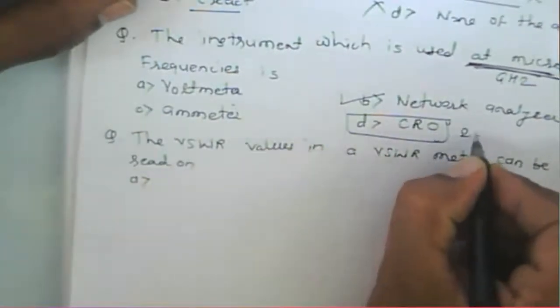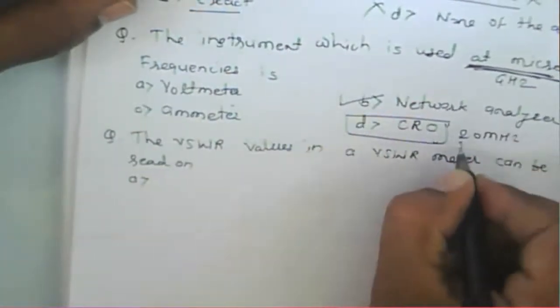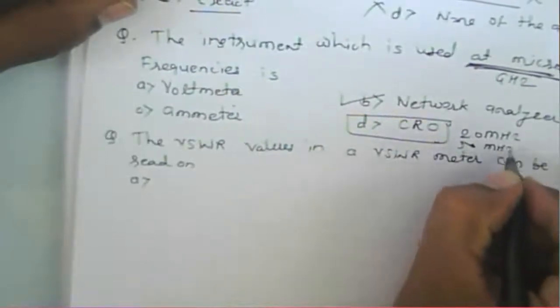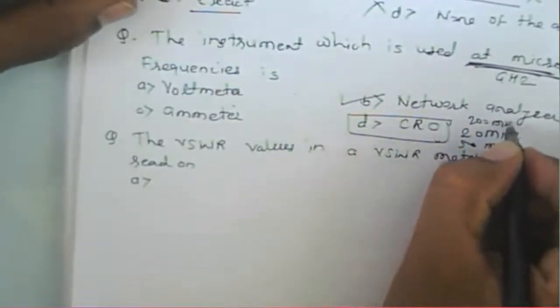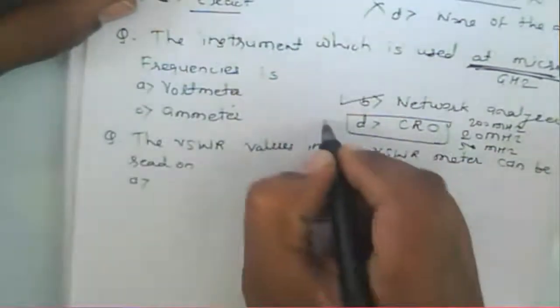But the CRO has range restrictions: 20 megahertz, sometimes 50 megahertz, sometimes 200 megahertz.